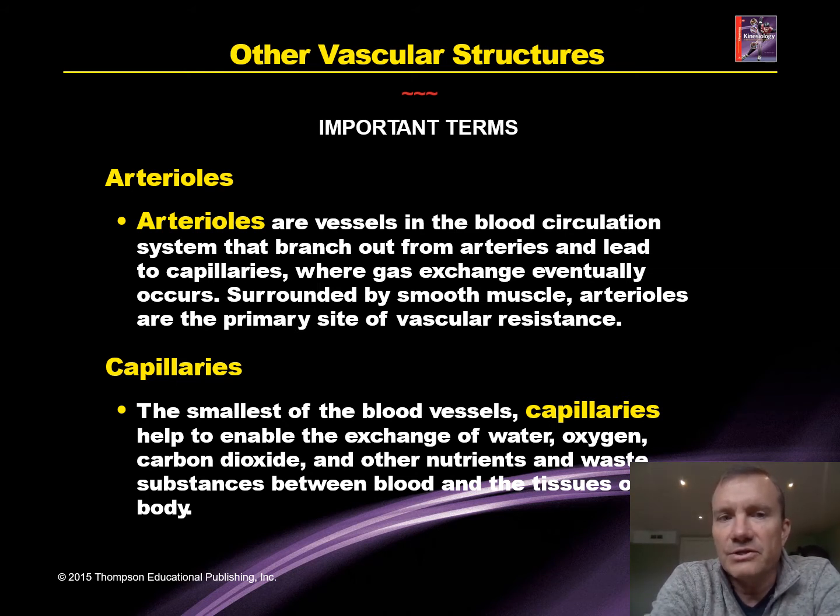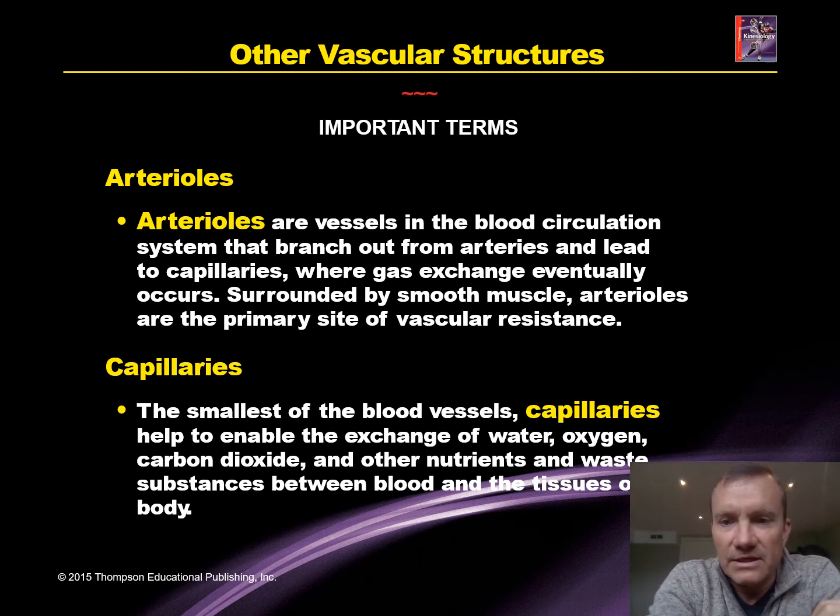So what I want you to recognize about arterioles is they are continued branches of arteries. They get smaller and smaller, and they eventually turn into capillaries. And it's at the capillary level where gas exchange eventually occurs. That's where the oxygen in your blood actually leaves your blood and goes to the tissue.